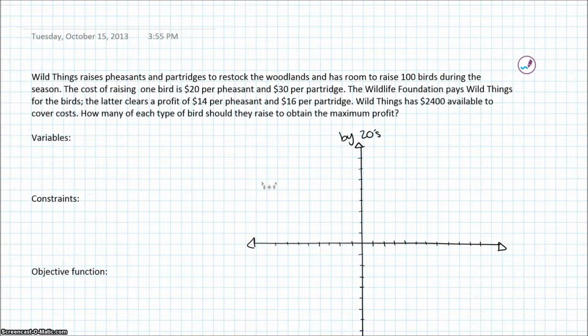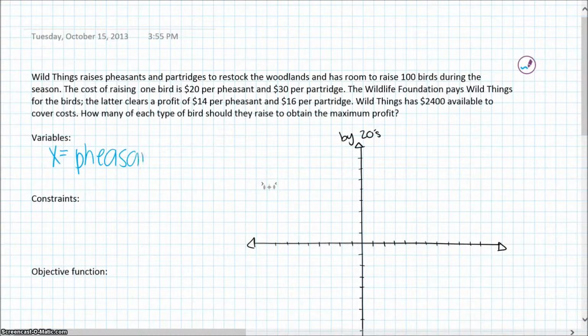So the variables are x equals pheasants and y equals partridges.